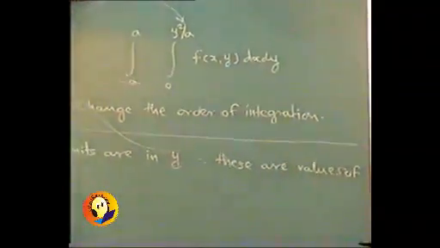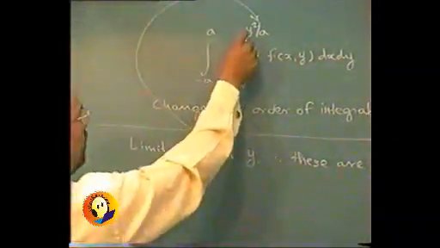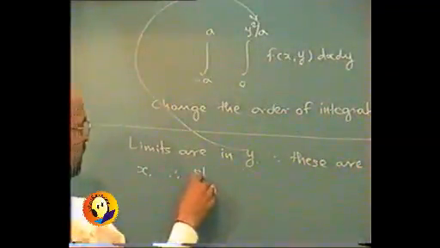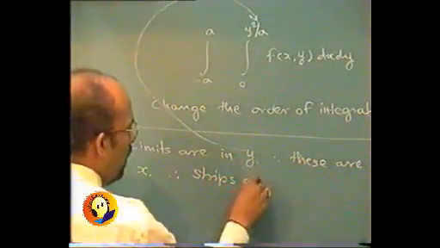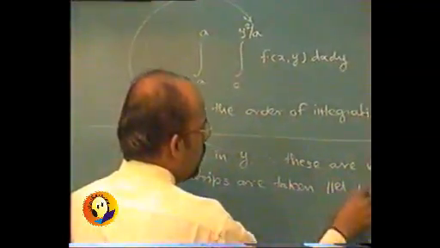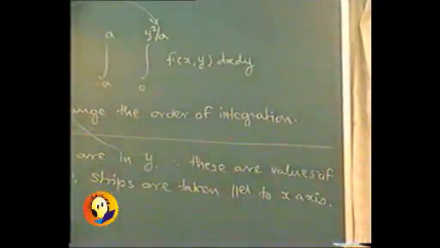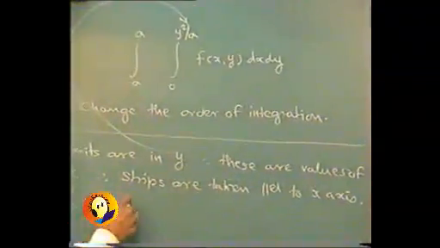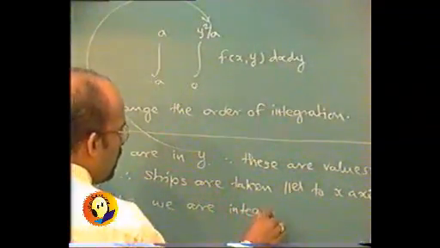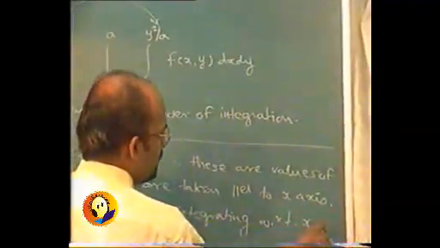And if the inner limit represents something like x equal to 0 to x equal to y square upon a, that means the strips are taken parallel to the x-axis. This is because we are integrating with respect to x first.